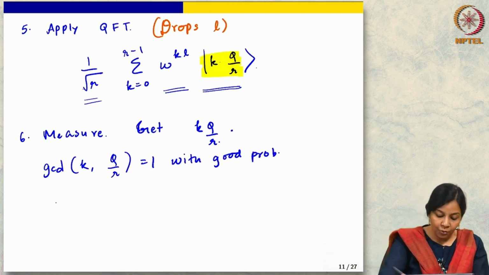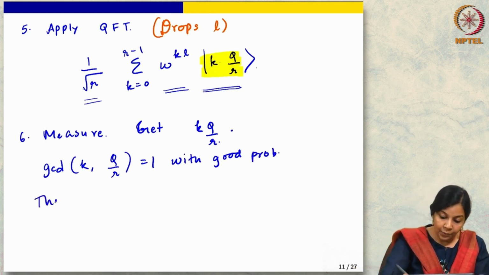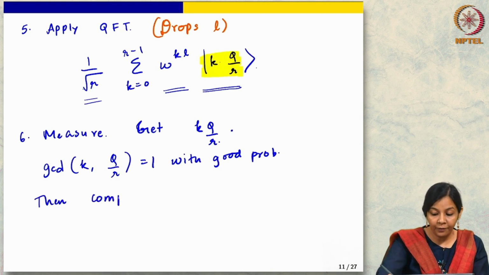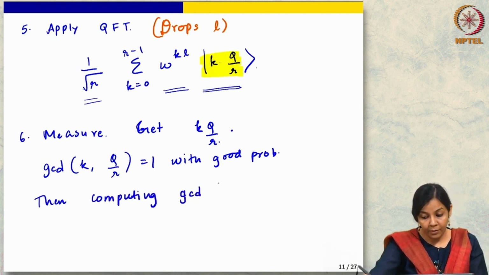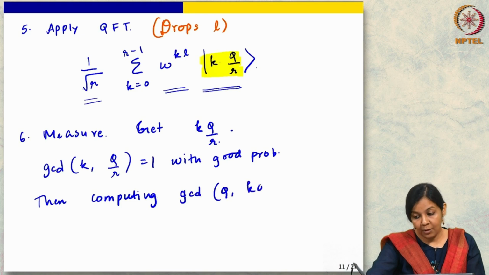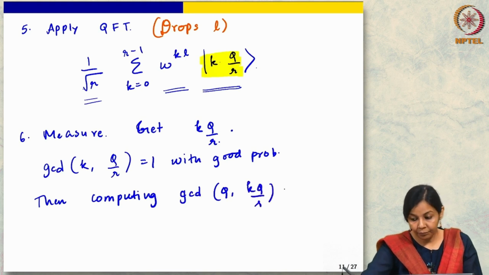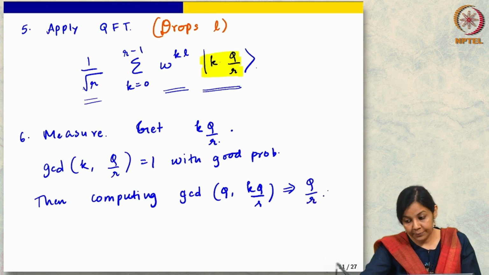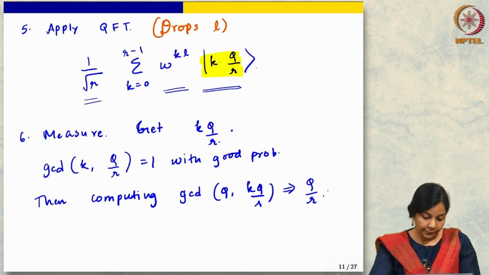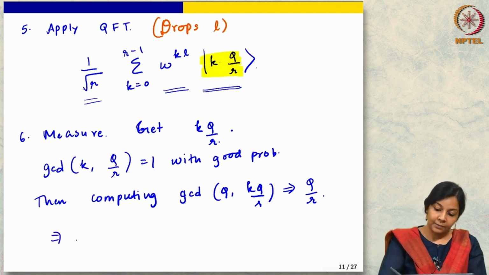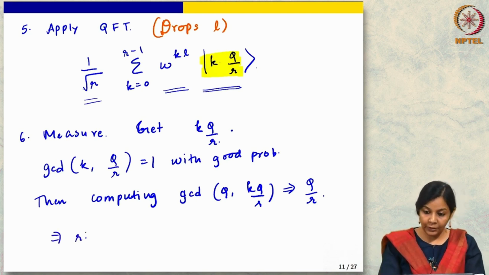Okay, so then computing the GCD of Q with KQ over R should give us Q over R, and this in turn gives us R because we know Q.